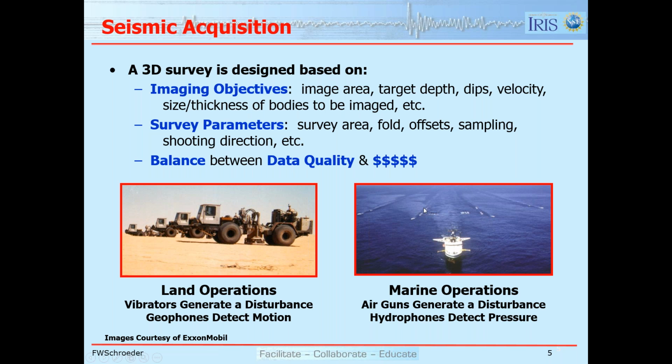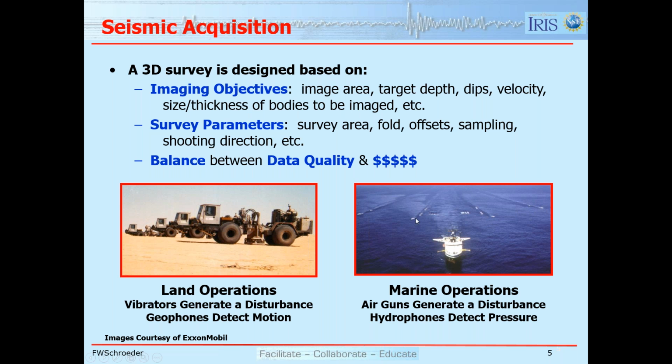And then there's white here with a trace in the water column, white here with a trace, white here with a trace, white here with a trace. These are the receivers, the listening devices, the hydrophone cables. And so this boat has two source arrays, A and B, and it has 4 receiver streamers. And so every time the boat sails over an area, it is collecting 8 lines of subsurface data.